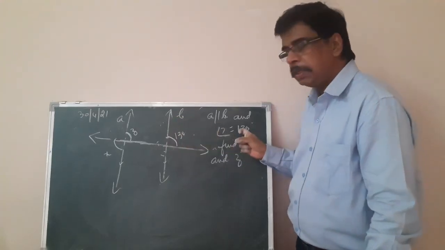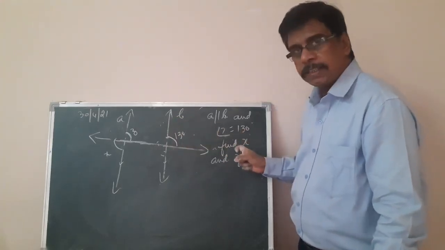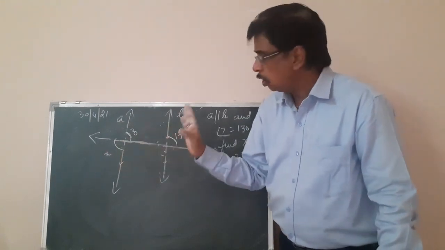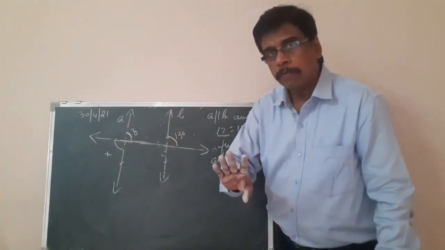This angle is 130 degrees. They said find X and Z. Find X and Z. Now this can be done by two methods.